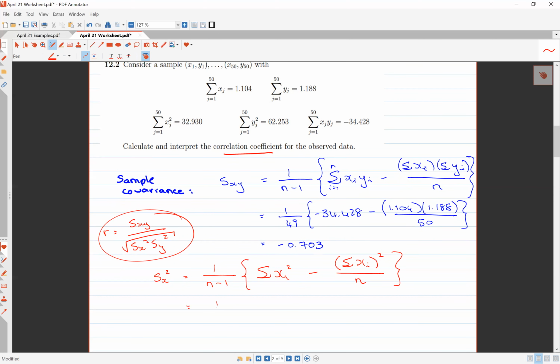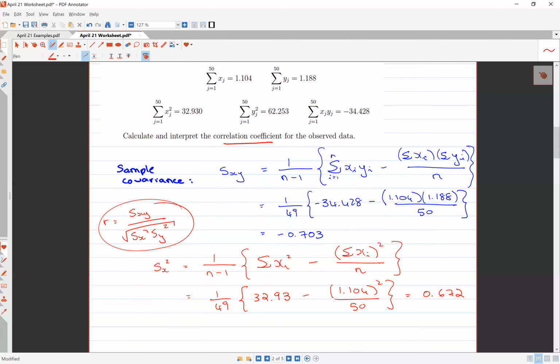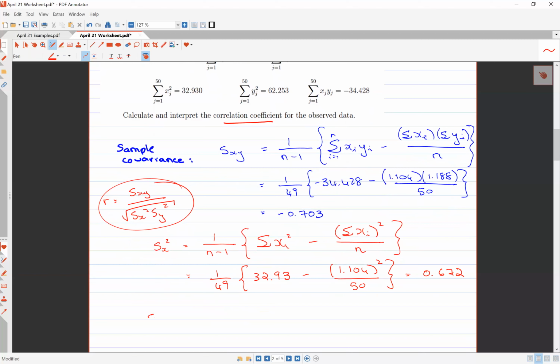So in this instance, this would be 1 over 49 times the sum of the squared X values, which is 32.93, minus the sum of the X values squared, divided by 50. And if you do this, the sample variance for the X data is 0.672. Now you're going to do the same thing for the Y data.